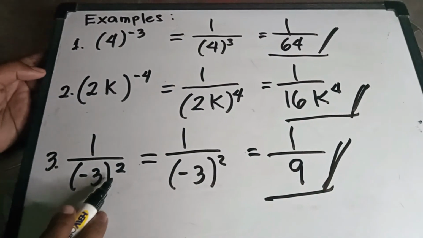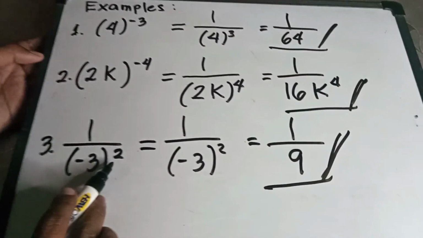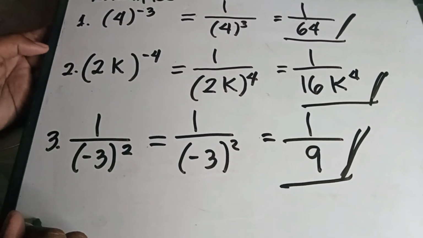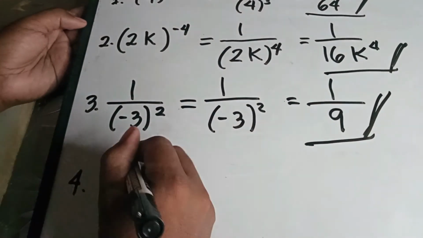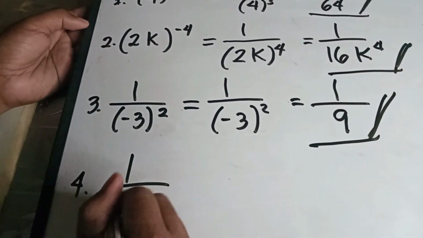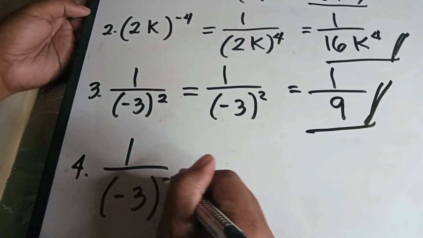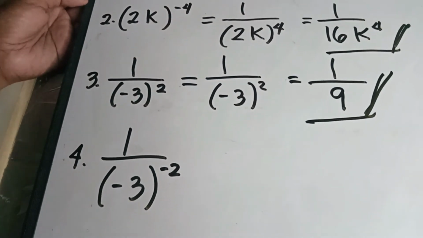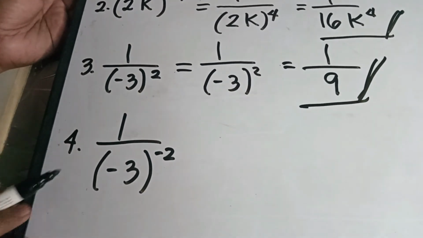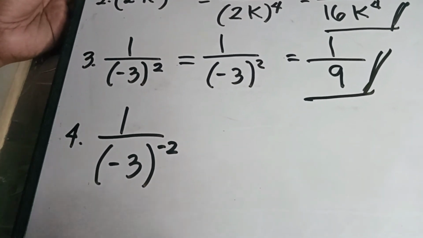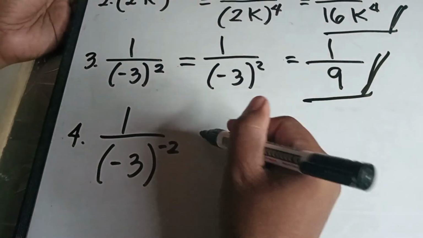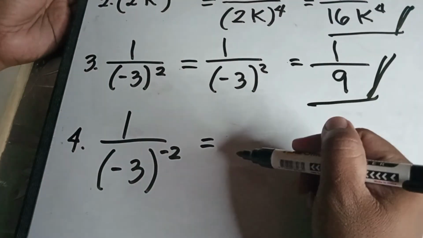Pero kung itong 2, yung exponent na ito, ay naging negative, sabihin natin example number 4. So 1 over negative 3 raised to negative 2. Halimbawa ganyan, kung yung negative sign ay nasa denominator, ibig sabihin para maging positive yan, idadala natin ngayon yan sa numerator.